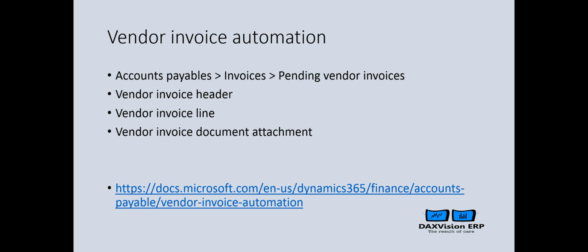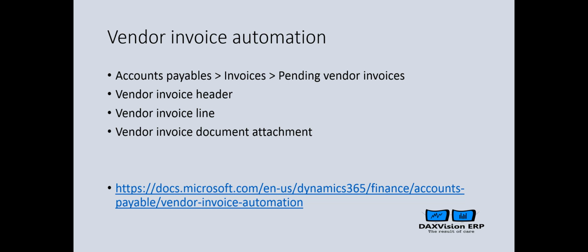Also, if you are receiving your vendor invoices through PDF documents in email, an OCR tool can read those PDF files and then translate it to AX, and they can appear in this pending vendor invoices form, where you are able to validate and post these invoices that you actually received in an email in a PDF file.